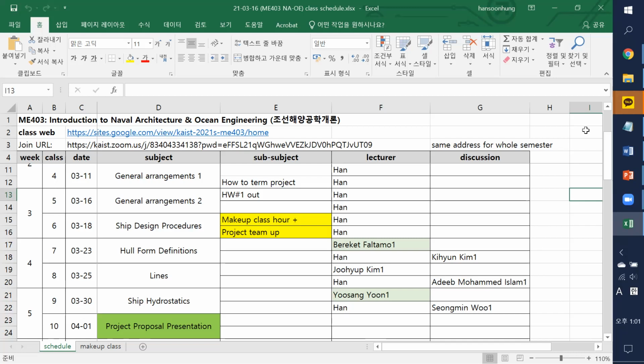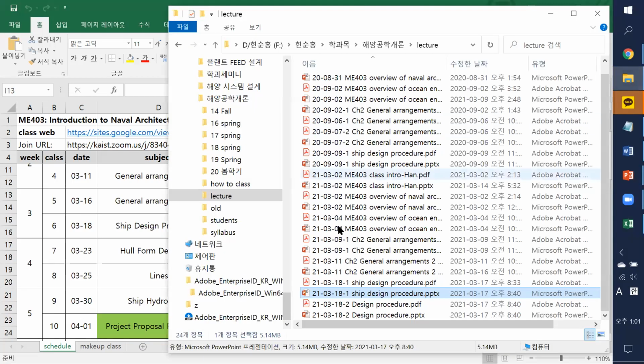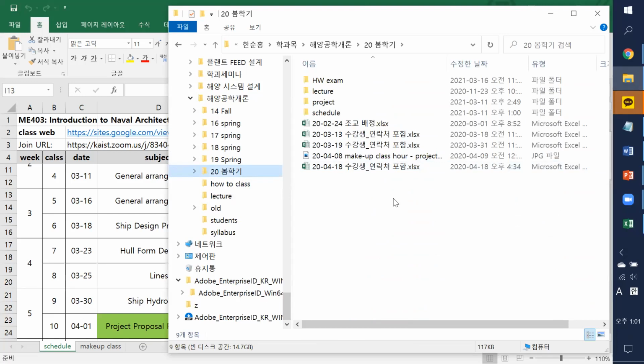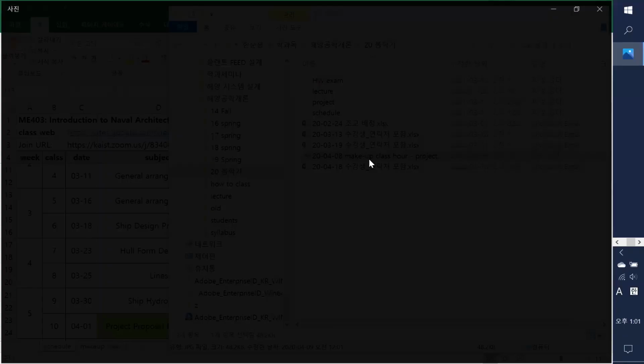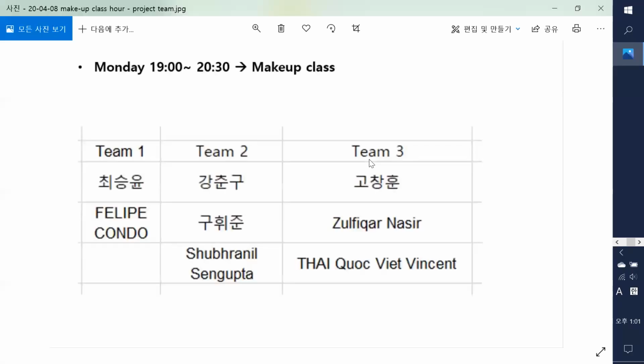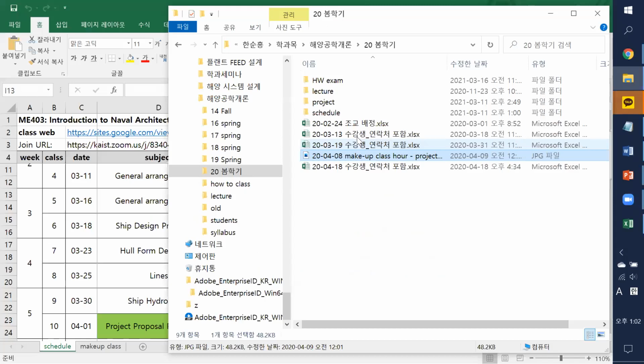Okay, so let me find the makeup class file of the previous year. Okay, here it is. Oh, this is a decision, a team making. So it's not what I want to find. Okay, where is it?